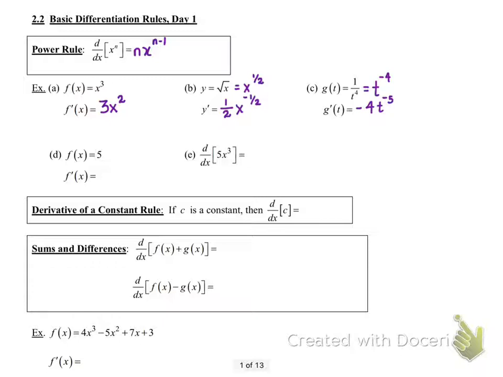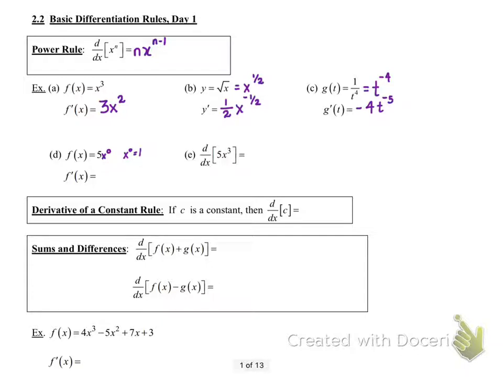So the derivative of a constant, if you really think about it, this is the same as 5 times x to the 0, because x to the 0 is 1. Hopefully I'm not teaching you something new. That would be horrifying, right? You'd feel really bad.